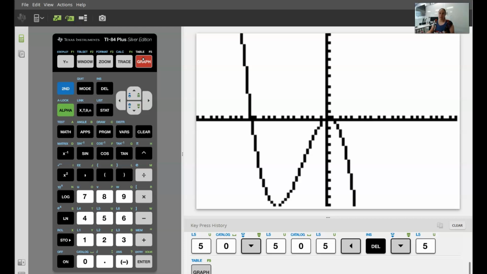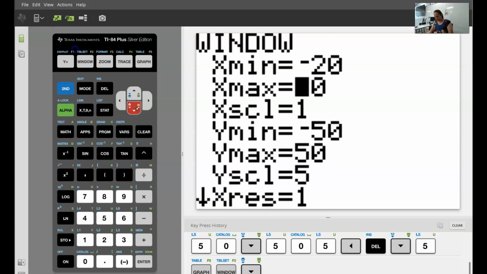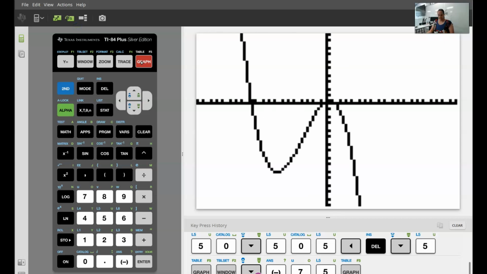Sweet. Much better picture. You can see most of the graph, except if you look right here, you can't really see that minimum. So I'm going to make the y values go down a little bit more so that I can see that minimum right there. So let's go back to window, go back to our y min, change it to maybe negative 75, and then graph. Sweet.